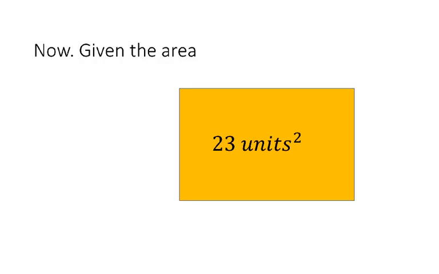So now, if we're given the area of this being 23 units squared, we would find the length and the width. The area is the length times the width. If we say that the area is 23, this one has to be 23, and this one has to be 1. So we would say the length and the width are 23 and 1.